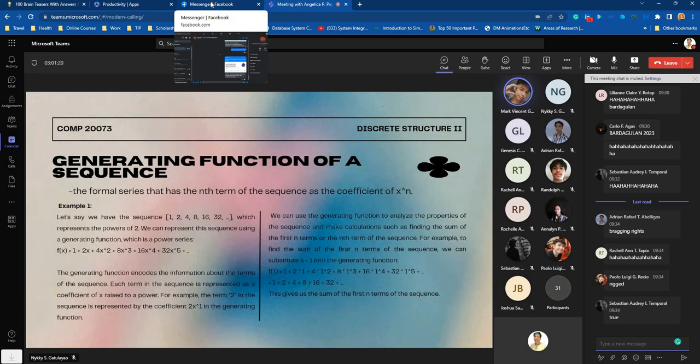For example, to find the sum of the first n terms of the sequence, we can substitute x equals 1 into the generating function. f of 1 equals 1 plus 2 times 1 plus 4 times 1 squared plus 8 times 1 cubed plus 16 times 1 raised to 4 and so on, which equals 1 plus 2 plus 4 plus 8 plus 16 plus 32 and so on. This gives the sum of the first n terms of the sequence.